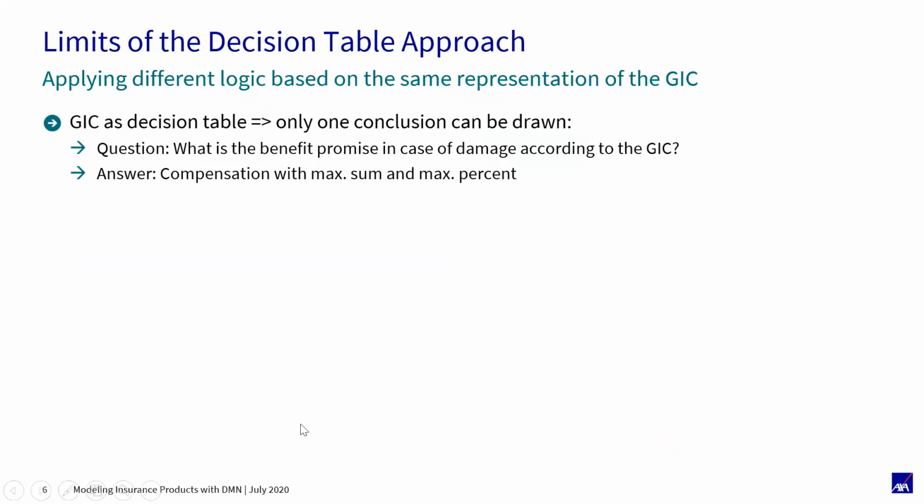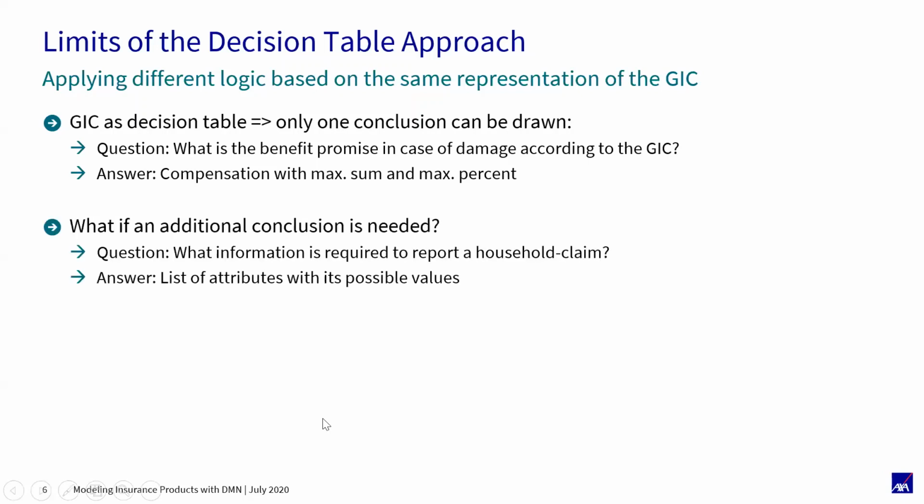For example, when a new customer asks themselves which product modules they need for their new house, or when an insured person wonders whether their valuable watch is sufficiently insured, or when a customer needs to know which information is needed to report a claim, then the written terms and conditions can already be used to answer these questions.